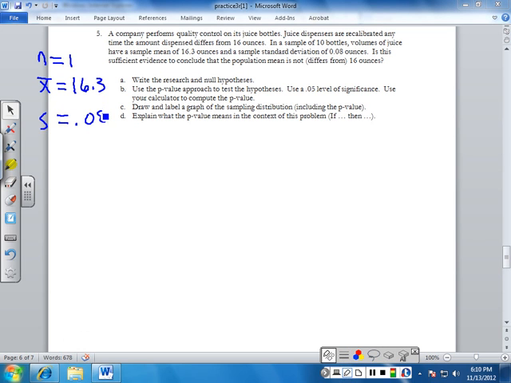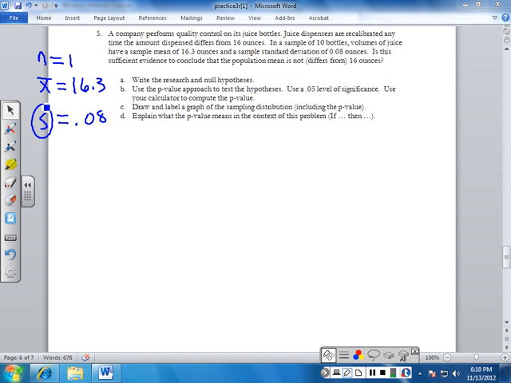Now, as soon as I said sample standard deviation S, that means we're doing a t-test.